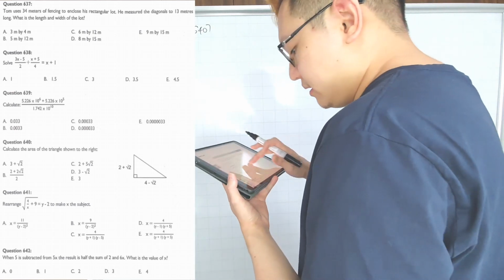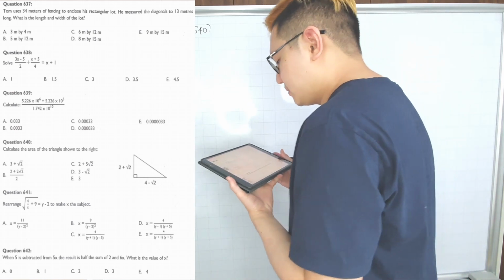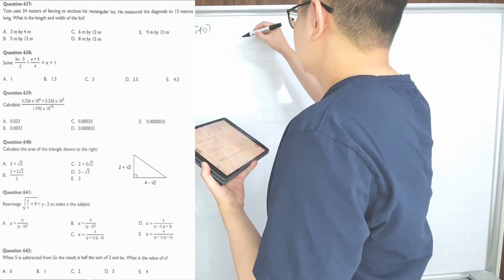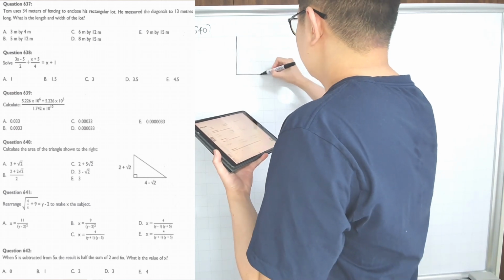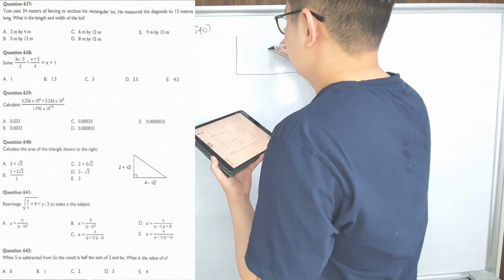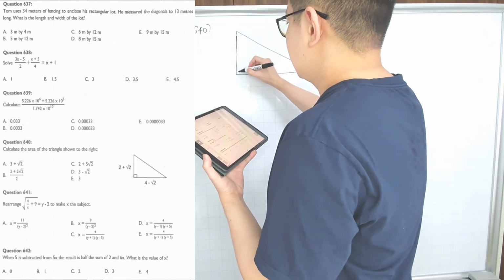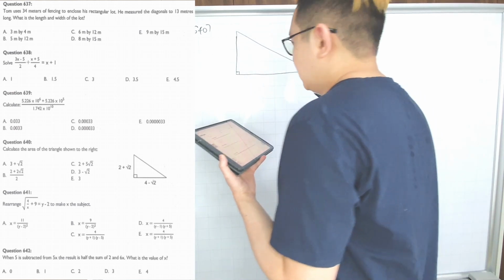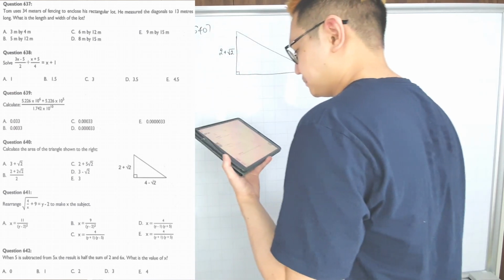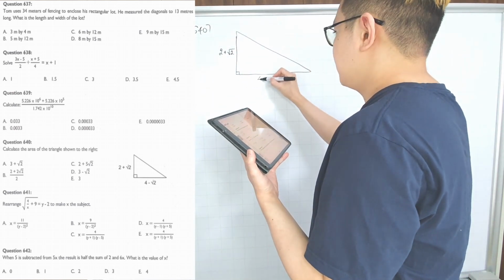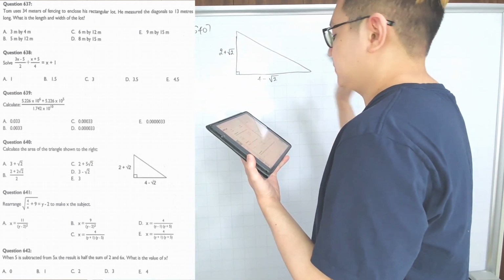Okay, 640. You have to calculate the area of a triangle shown to the right. So you have a triangle like this, and you know that this is a 90-degree angle. And this side is 2 plus square root of 2, and this is 4 minus square root of 2.